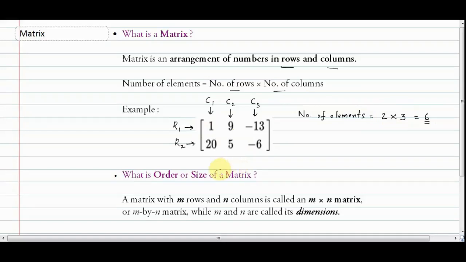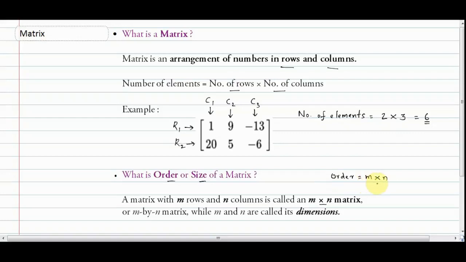Okay, now let's discuss the order or size of a matrix. What is the order or size of a matrix? A matrix with m rows and n columns is called an m by n matrix. So if a matrix has m rows and n columns, then the order of such a matrix will be m by n.